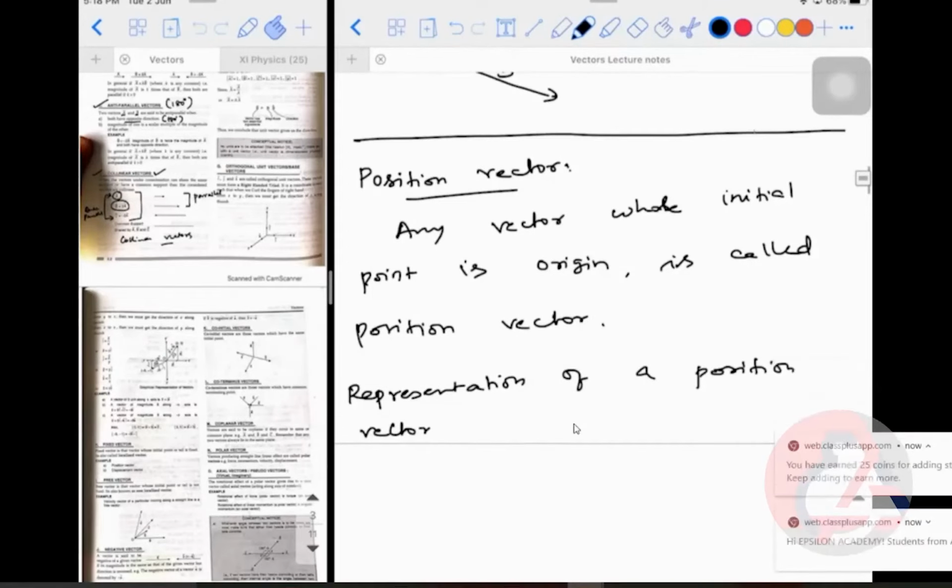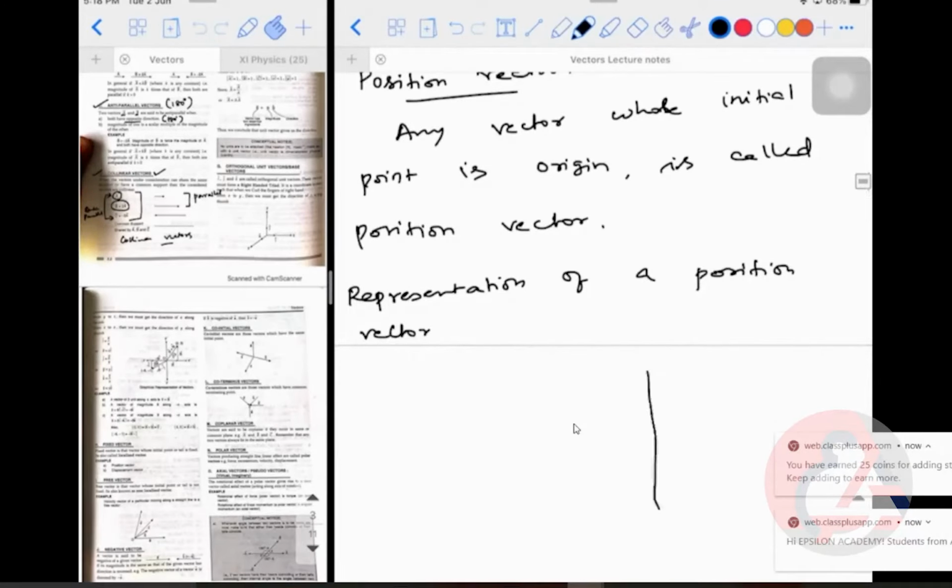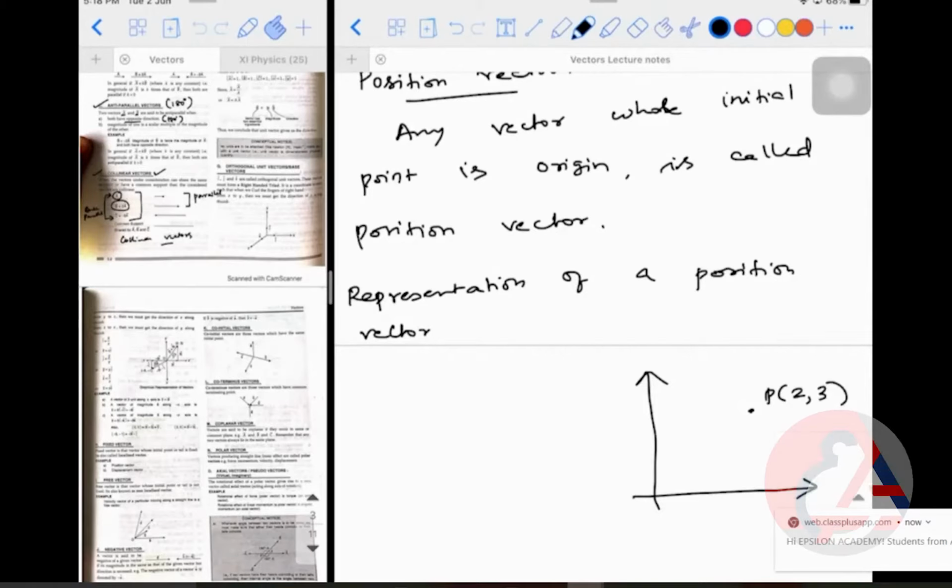Suppose, let me go back to the same old example. Let me take this point P as (2, 3). This is in terms of coordinate geometry. So in terms of coordinate geometry, this point has the coordinates 2, 3.